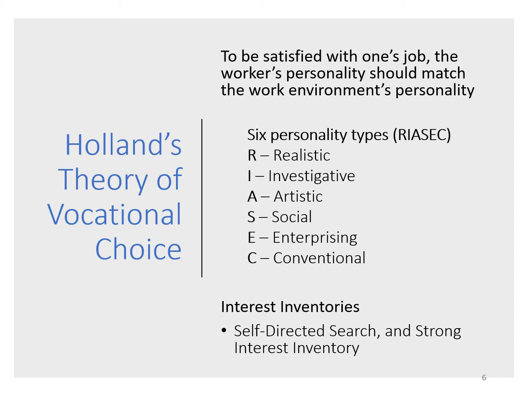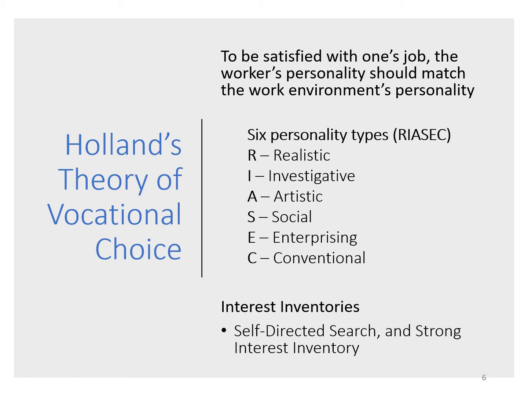Holland's theory of vocational choice states that different personality types are best suited to certain careers. By examining the personalities and job functions of people in specific occupations, Holland ascribed personalities to different work environments. He also proposed 6 personality types possessed by workers.